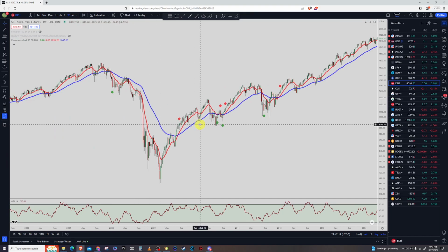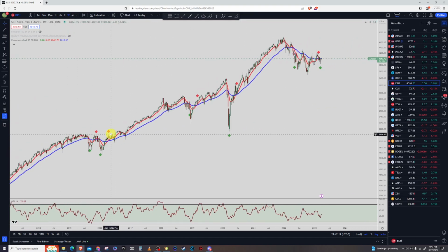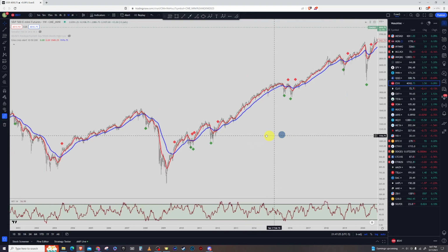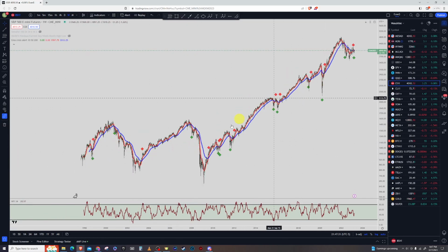Now, by itself, it is a pretty bad trading style. You will lose money overall because, from what I've read, the market is in a range probably about 70% of the time, although this S&P 500 chart all the way back from '97 does not look like that at all.